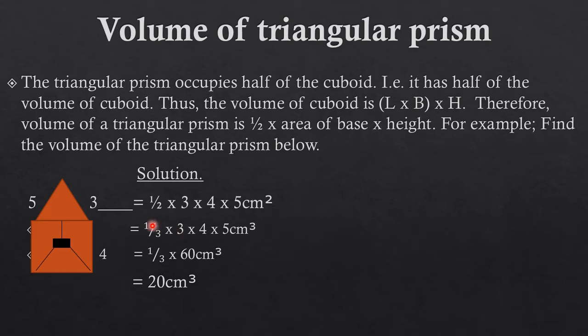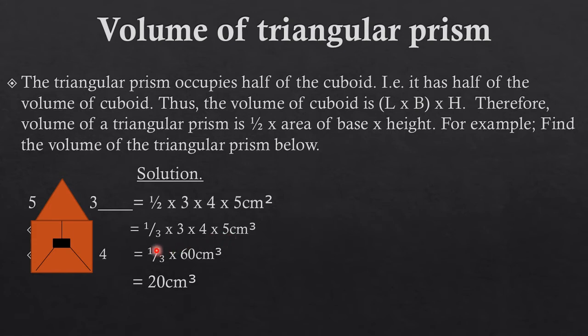And thus we multiply. Leave the fraction. I repeat, leave this fraction and face the other numbers and find the product. We have 3 times 4 times 5. We take it one by one. 3 times 4 gives us 12, and 12 times 5 gives us 60 centimeters cubed.